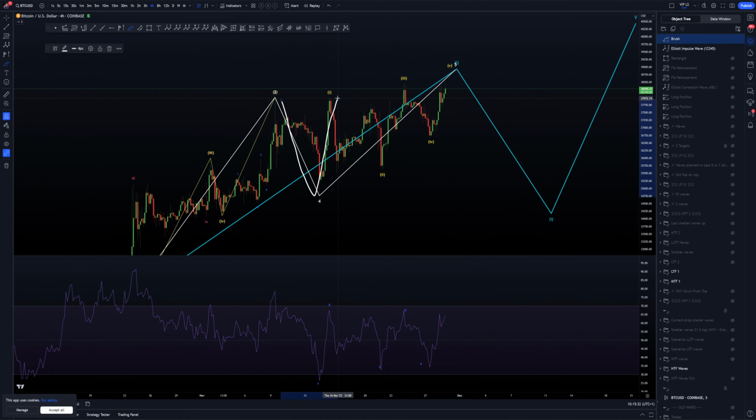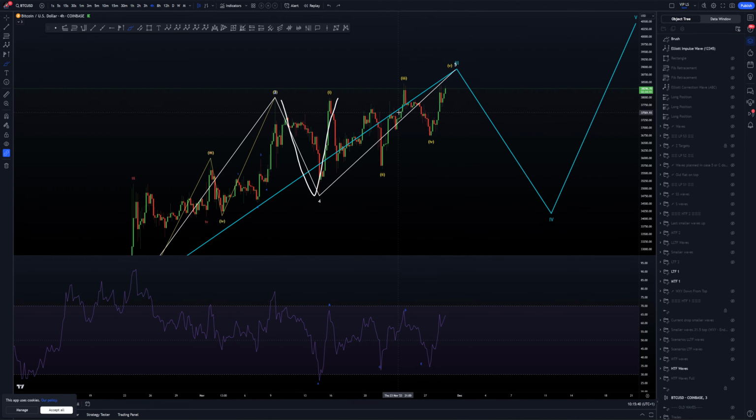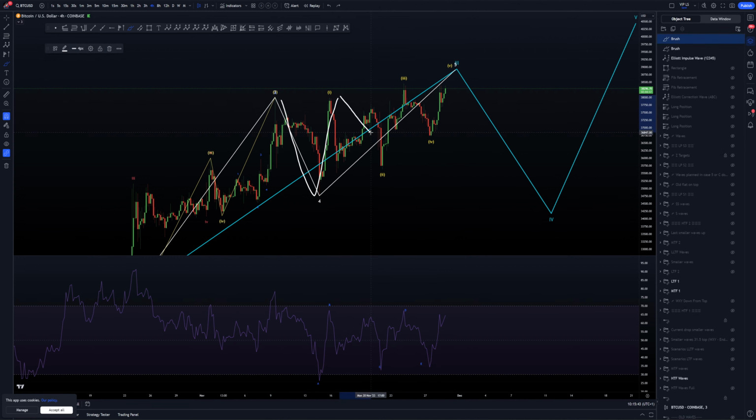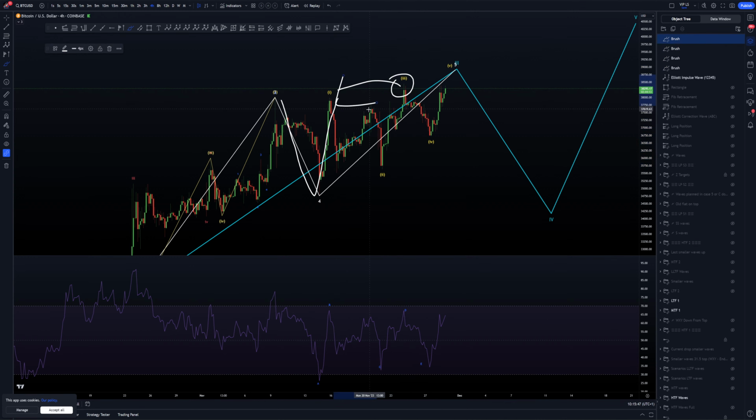A, B, the B can break the previous top, that's possible for a running triangle. C, D, the D normally should stop before. Okay, we don't have something that's normally gonna go above. A, B, C, D, E. Yeah, but the problem is the D normally cannot break the B wave top.